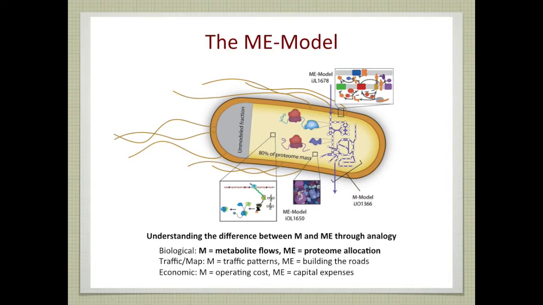What are the operating costs associated with running that phenotypic state? The ME model calculates the proteome as well, so it's also calculating the hardware. So it's also calculating the CapEx, you know, what you have to invest in before you can run that operating state. So an ME model actually is an OpEx and a CapEx model for a cell.